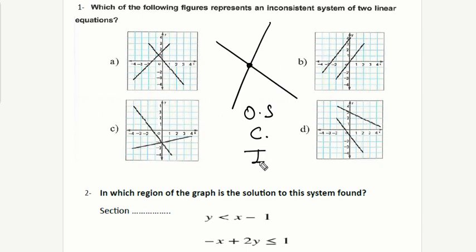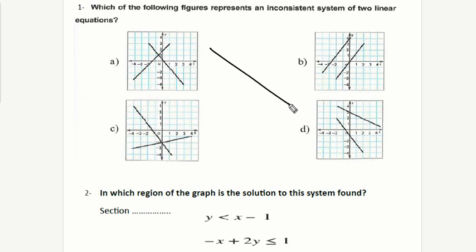Now, what if you have a line and on top of it a coinciding line? We call this a coinciding line. Many solutions, right? Dependent.